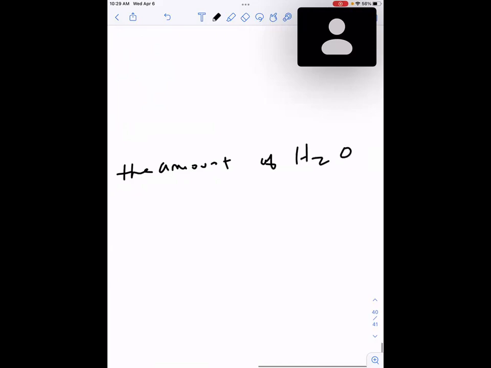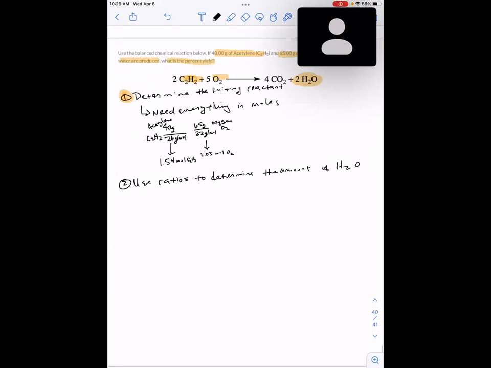We're going to see which one of these gives us the least amount of product. Remember, when we're looking for the limiting reactant, we're looking for which one of these two starting materials is going to give us the least amount of product. So let's figure that out.